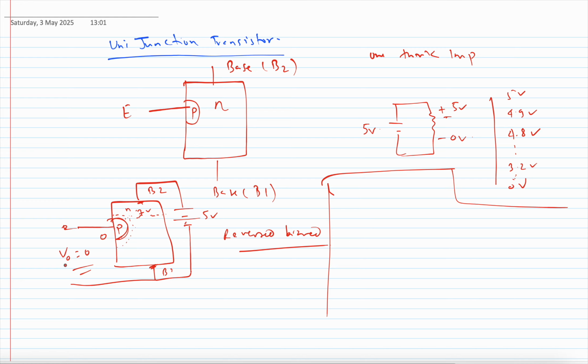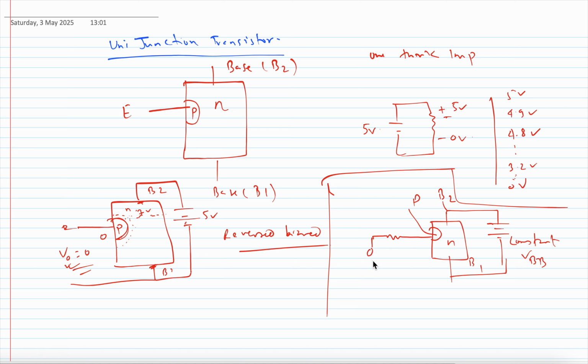Now the second case, if we apply the voltage, let me draw the circuit. This is VBB, it is constant for now, and this is P, this is N, this is B2, this is B1, and I applied a voltage limiting the current.